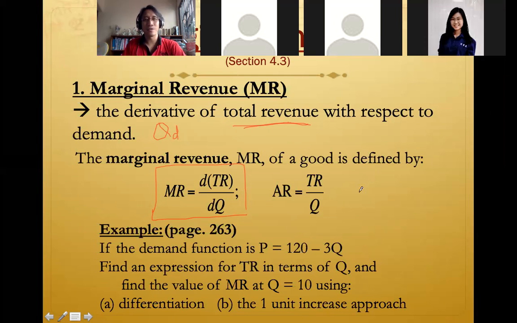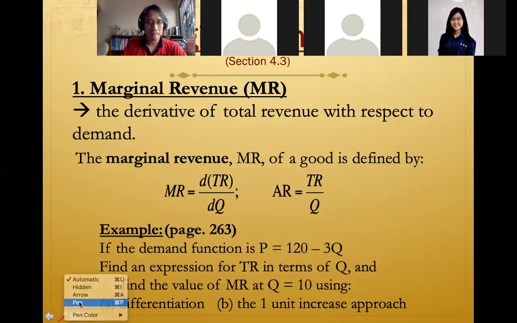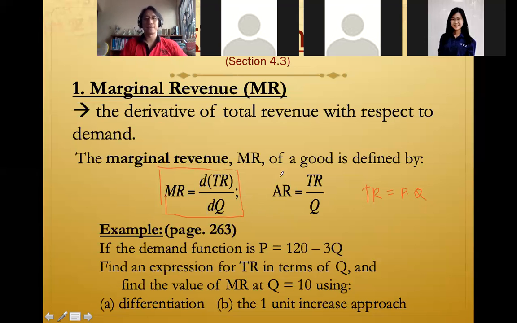TR, we know how to get TR. TR can be derived through this equation, P times Q. This is the marginal revenue.